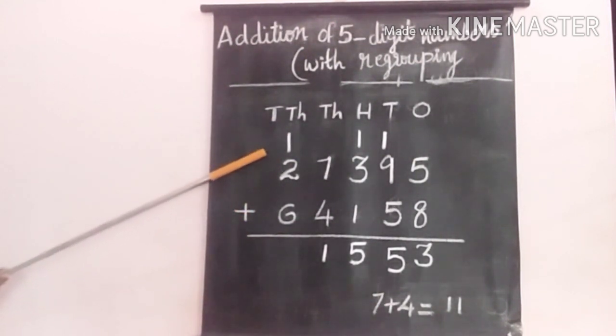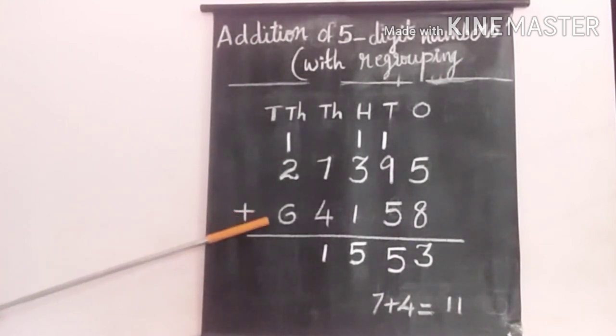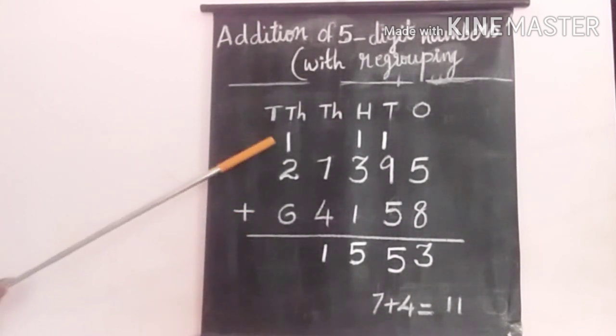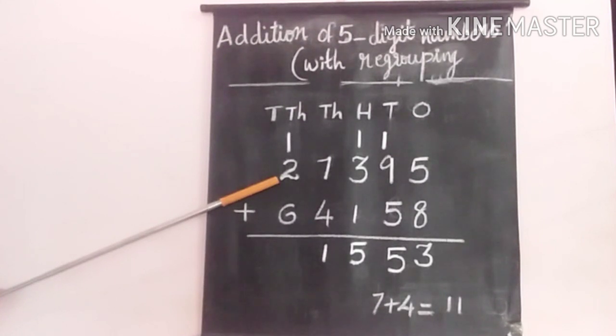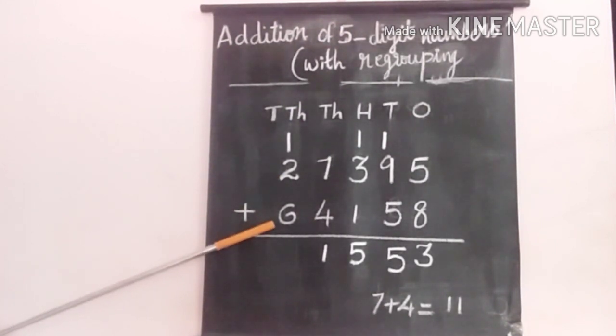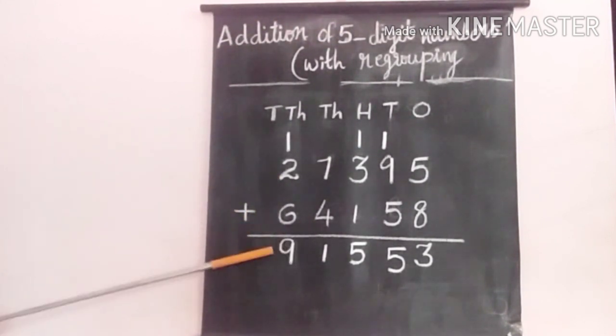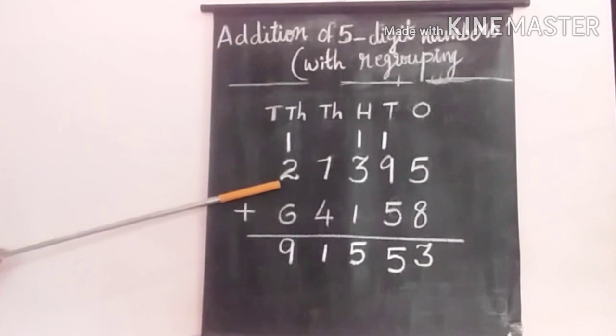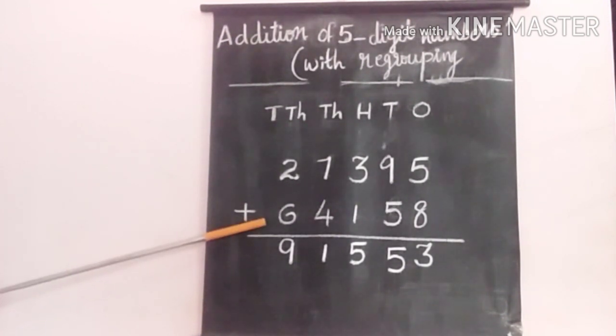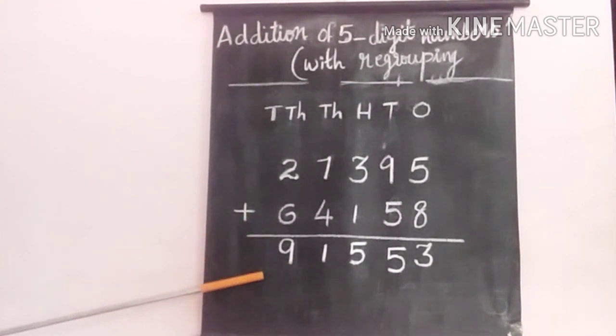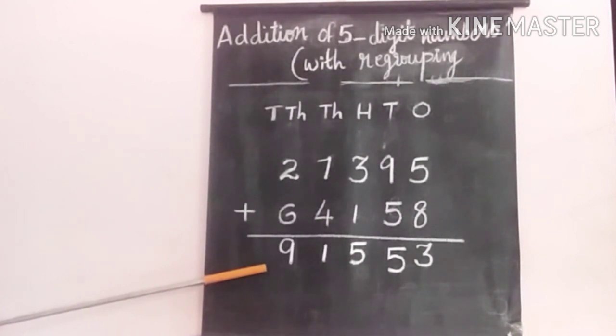That is 1 plus 2 plus 6. 1 plus 2, 3. 3 plus 6, 9. So you can write 9 in 10,000 place. So when we add 27,395 and 64,158, we will get 91,553.